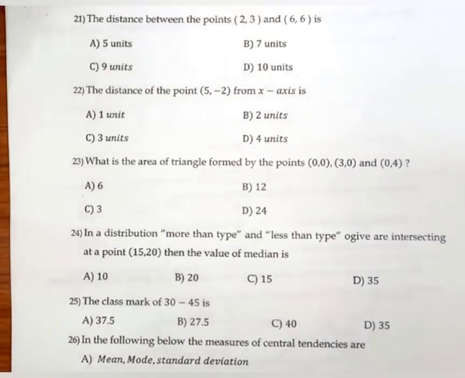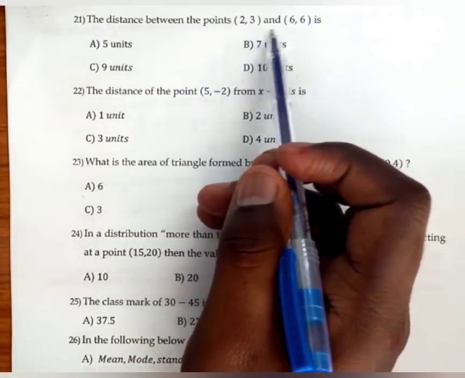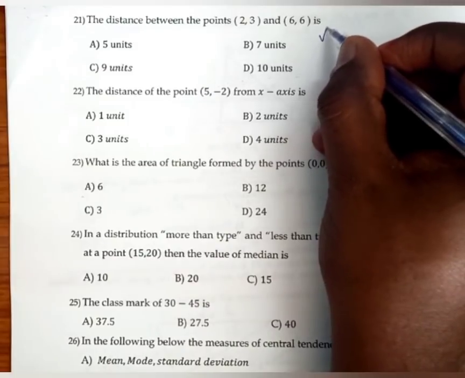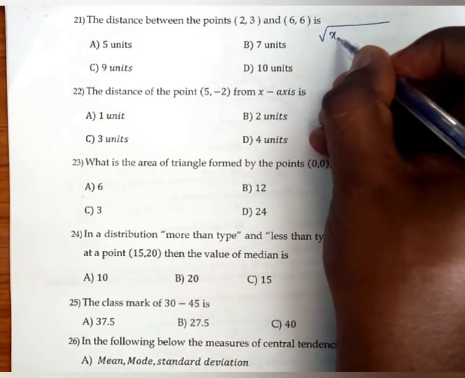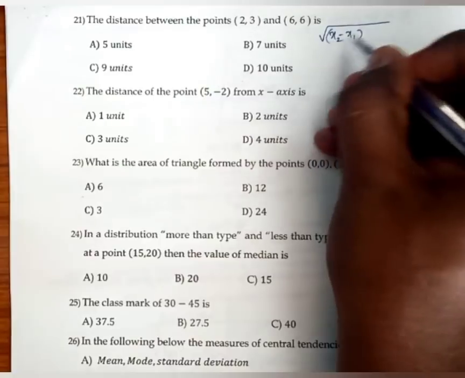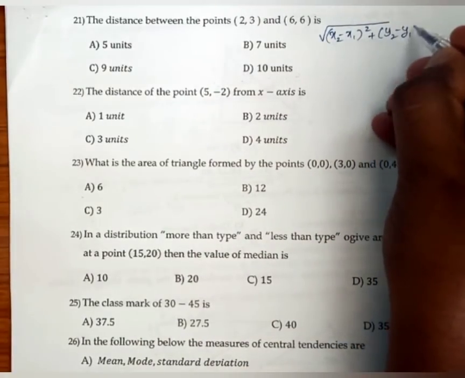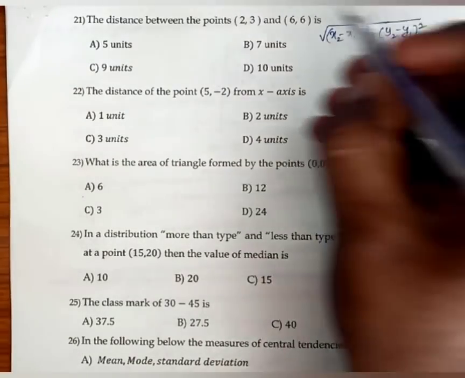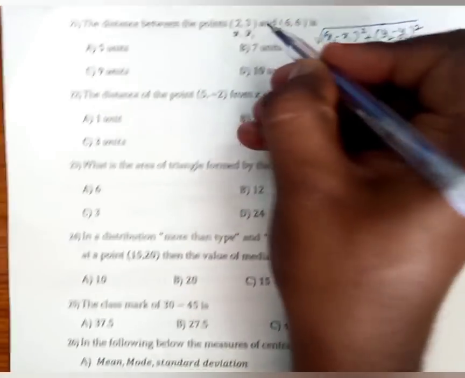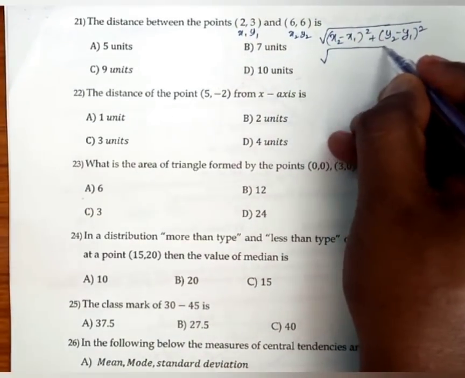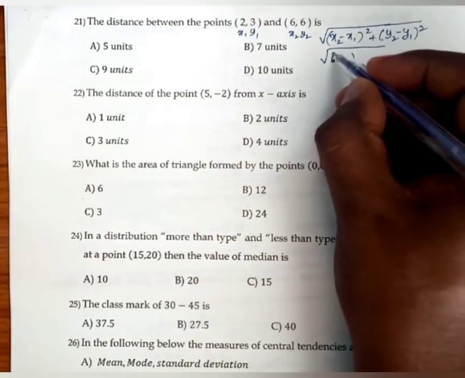Moving to question number 21. The distance between the points 2, 3 and 6, 6 is? So by using distance formula, d equals square root of (x2 minus x1) whole square plus (y2 minus y1) whole square, taking x1, y1 as 2, 3 and x2, y2 as 6, 6. What is x2 minus x1? x2 minus x1 is 6 minus 2 is 4 square.